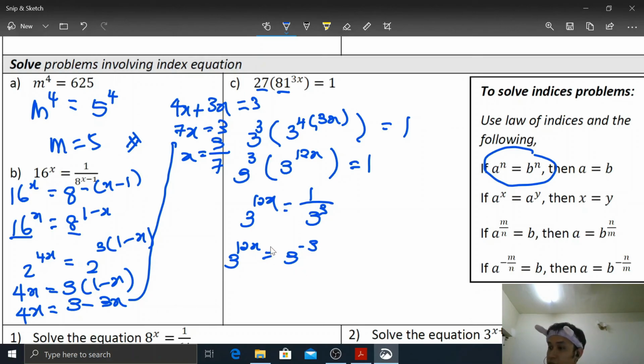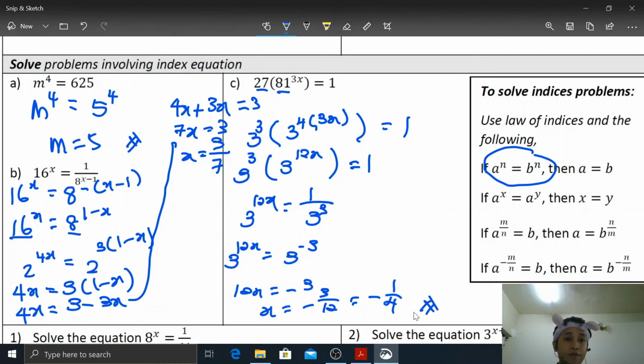So 12x is equivalent to negative 3, and x is equivalent to negative 3 over 12, also the same as negative 1 over 4. That is the answer.